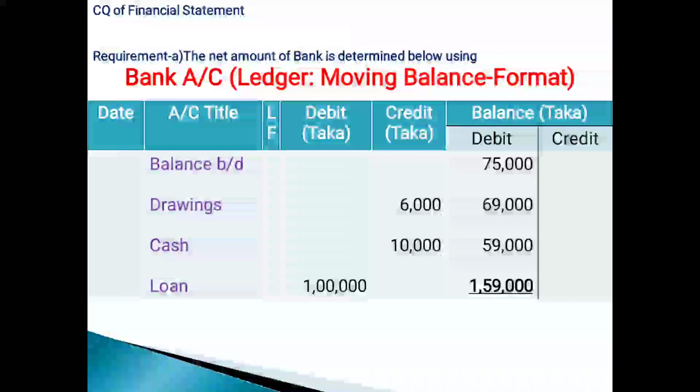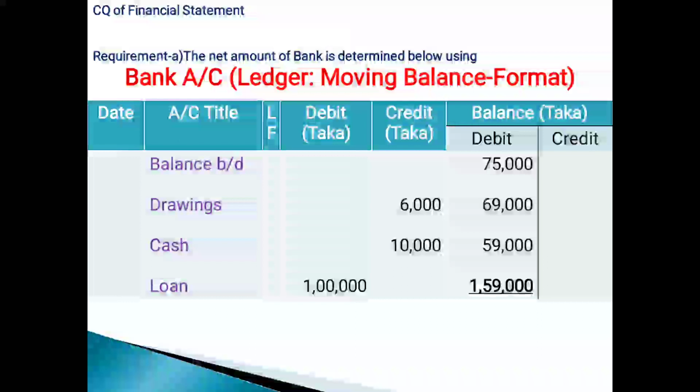Requirement A: the net amount of bank is determined below using bank account, that is ledger moving balance format. Dear learners, at first you have to see in trial balance, bank balance, that is balance BD Taka 75,000, written in debit balance.